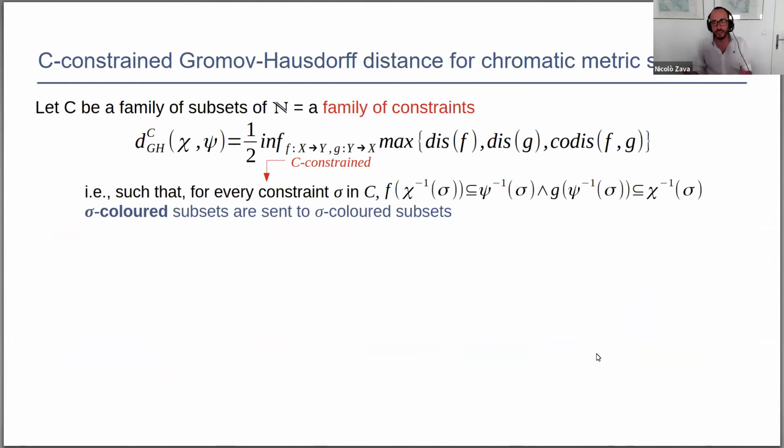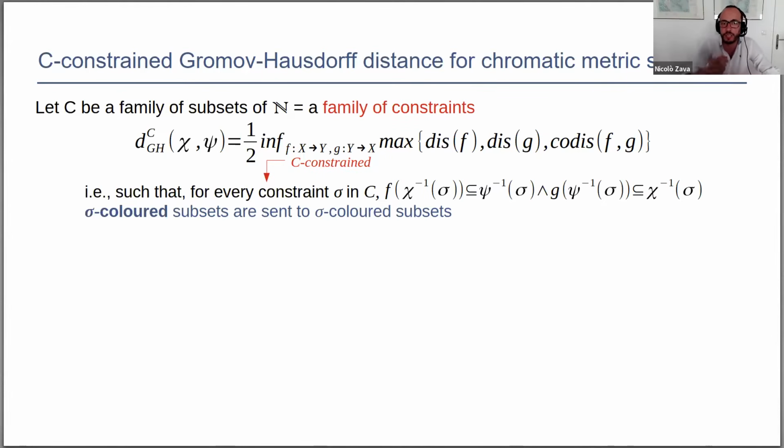What is C of the C-constrained Gromov-Hausdorff distance? C is a family of subsets of N, subsets of colors. So you have to imagine it as a family of constraints. Each element in C is a bunch of colors.